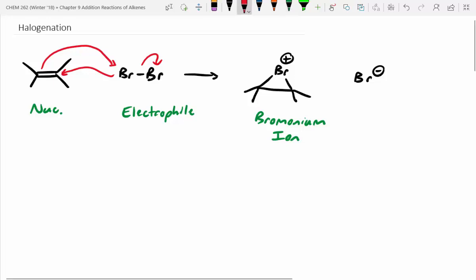All right, so now when the bromine attacks, you can think about it this way. This bromine, because it's super duper unhappy, is sucking all this electron density away from that central carbon right there. So this carbon right there is really, really electron deficient. And so this bromide can attack in, slingshot this open.